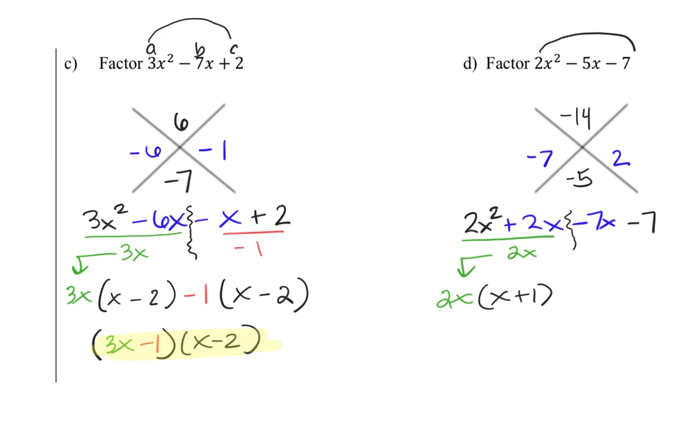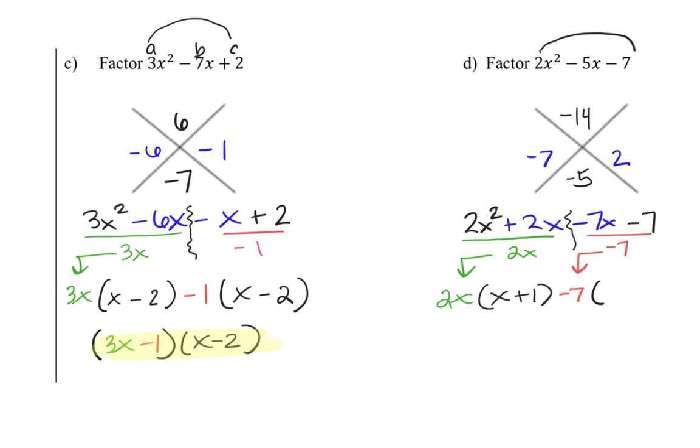And then we want this side to also say x plus 1. So if you notice there's a negative here, usually when this first number in this group is negative, that means you're going to factor out a negative. So we're going to take out a -7 from the second group. Then that's going to leave me with -7 divided by -7.